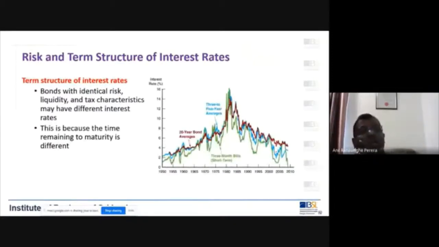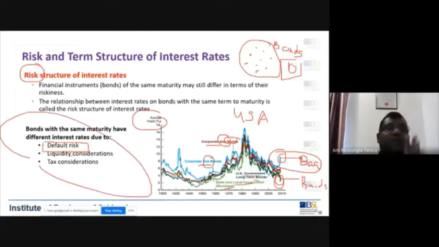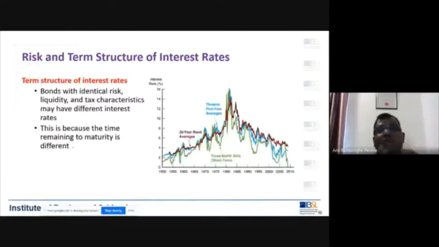Then we have term structure. I told you term means basically the time period. Now here, how do we define bonds with identical risk, liquidity, tax that may have different interest rates? Now here we have seen in the risk case, risk is coming due to various reasons: default risk, liquidity considerations, taxes. Now let's assume all these are similar, same, no change, but still there could be different interest rates.